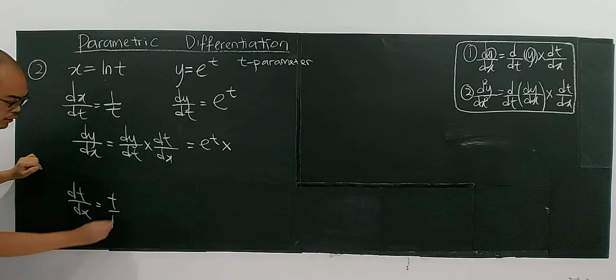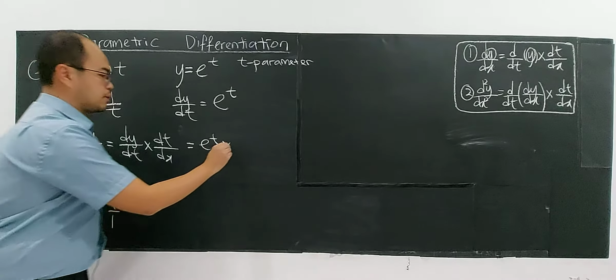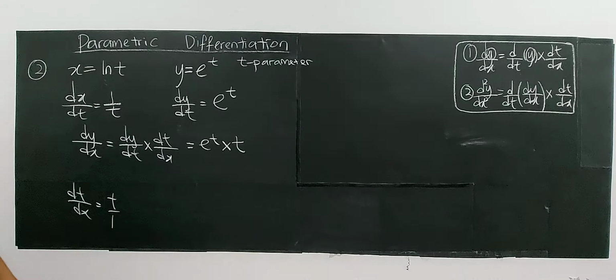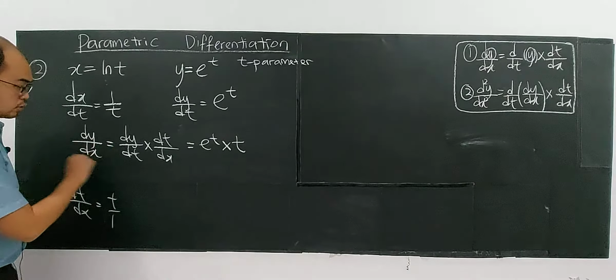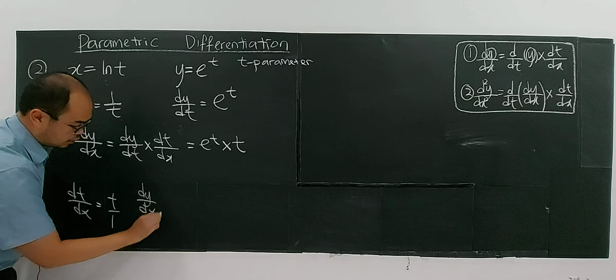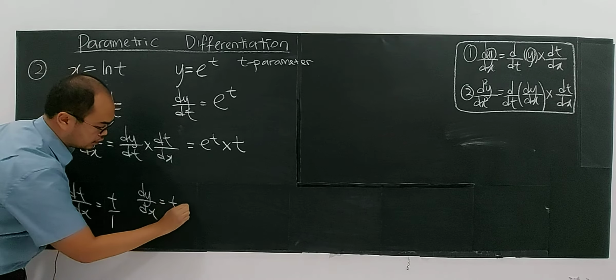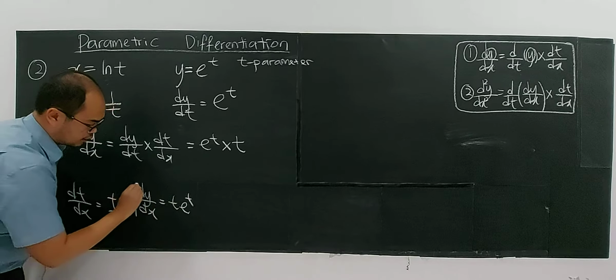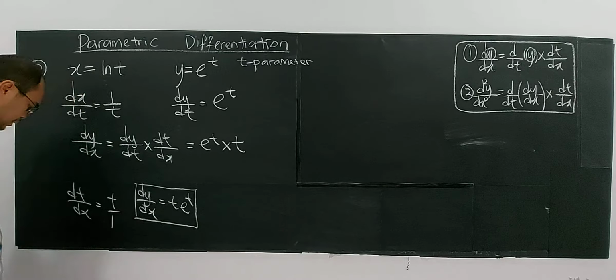So you multiply with t. Based on this result, your dy/dx is t e^t.